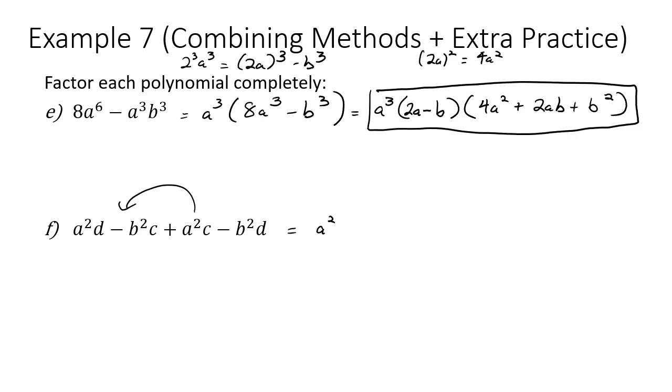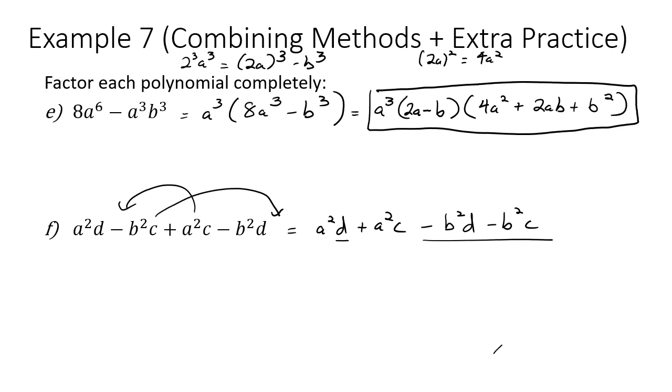So this is going to be an a squared d. I'm going to move the a squared c up. So plus a squared c minus b squared d, and I'm going to move the minus b squared c to the end. And the reason why I did the b's in this order is to line up the d and the c with what I saw in the first two terms. But you could certainly rearrange that in a separate step if you don't catch that.